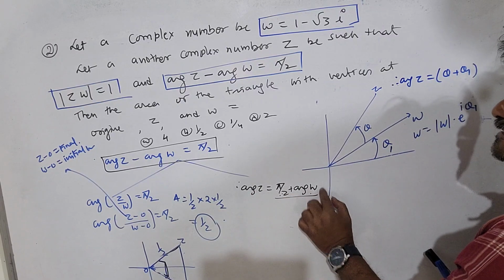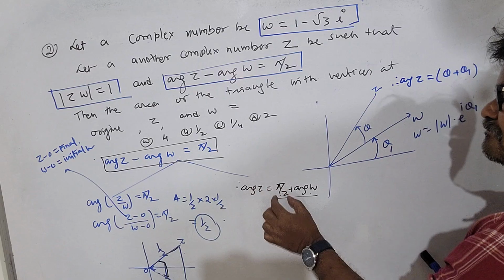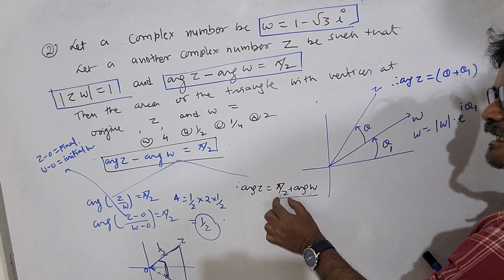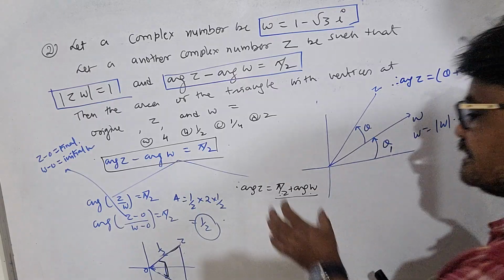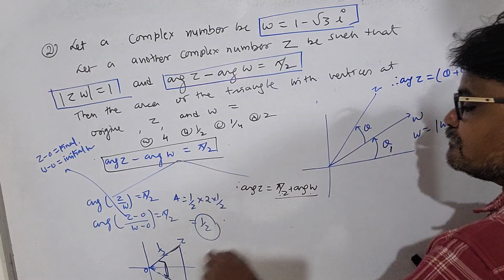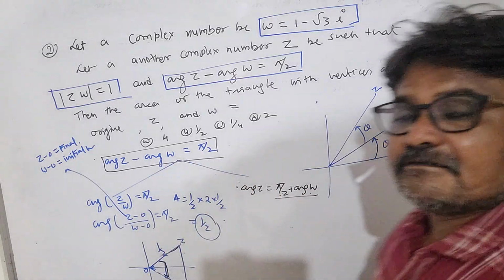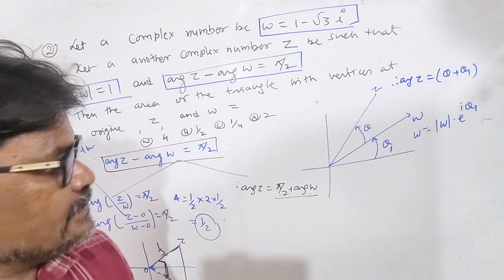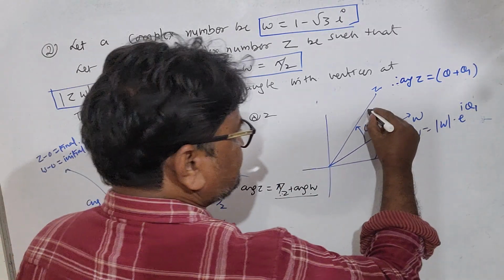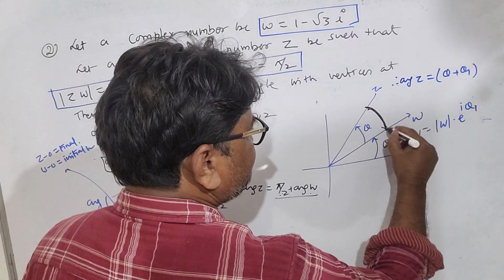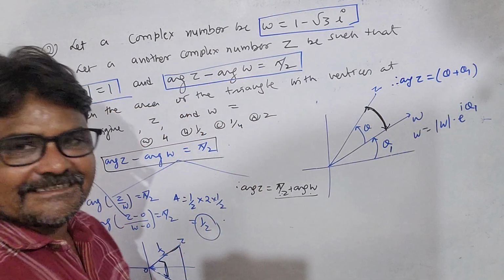So therefore w is being rotated by pi by 2 in the anti-clockwise direction. That is, similarly you can say that the angle between z and w is 90 degree. The angle between z and w is theta. Got it?